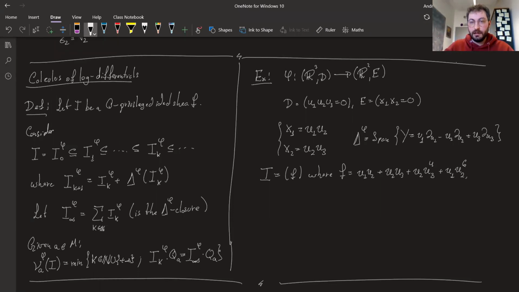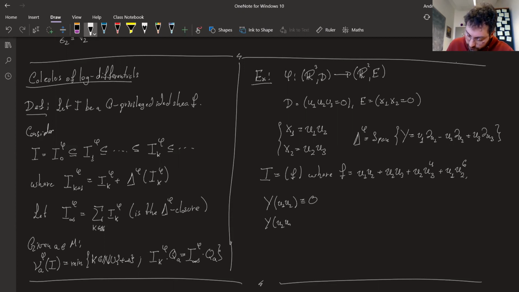And I want to start by making a couple of observations here about the interaction of this vector field y with each one of the terms that are appearing here. So we see that these two terms are actually given by the morphism itself. So we have chosen y so that y over x1 and y over x2 equals 0. So if we compute on each one of them, u1 u2, this is going to be 0.